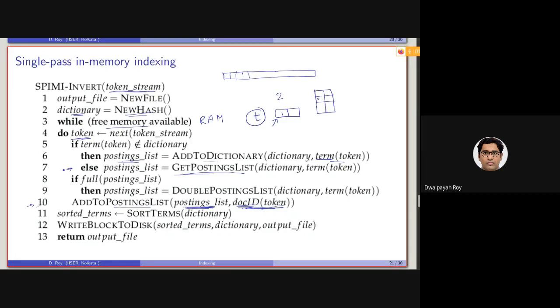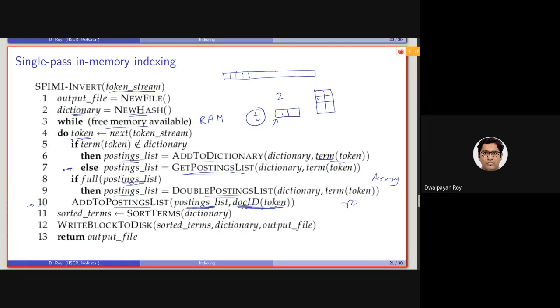And if the posting list is full, there is no memory left in the posting list, what we will be doing is, since the posting list is a list, you can consider it as an array. If the array is full, we'll be doubling the posting list.